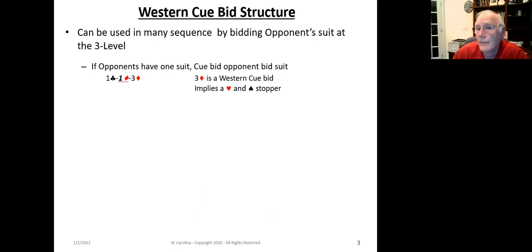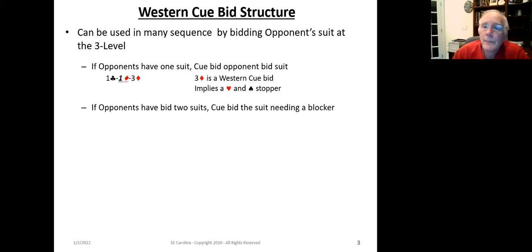If your partner has a blocker in diamonds, he's going to bid three no trump. If he doesn't, he's going to bid three hearts. And then you, as the Western cuebidder, are going to have the ability to set the contract, and more than likely the contract will end up in four clubs.